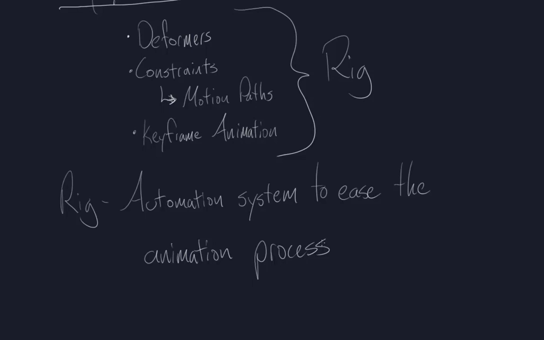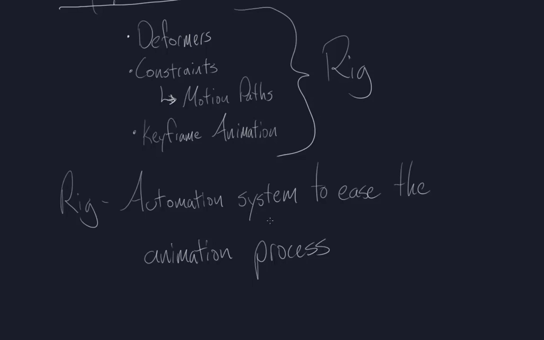Now, oftentimes rigs for a humanoid character will have things like skeletons and inverse kinematics and all kinds of stuff that we're not going to get to explore in this particular project. But for those of you who have some passing knowledge of rigging, I don't want you to think that every rig out there absolutely must have things like a skeleton or bones or joints. A rig is just something to ease the animation process. It's just an automation system.